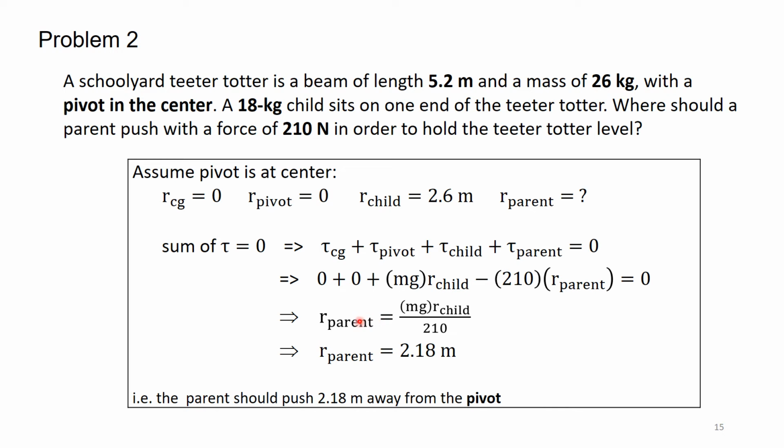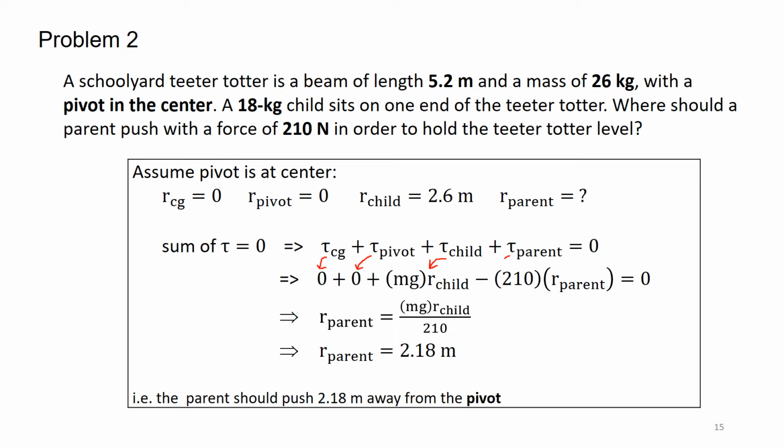Now we know directly that the torque from the center of gravity of the beam must be 0 because we chose the pivot exactly where the force is acting from, and same with the torque from the pivot force because normal force from the pivot is also acting exactly where the pivot is. And then the torque generated by the weight of the child must be the weight multiplied by the R value.